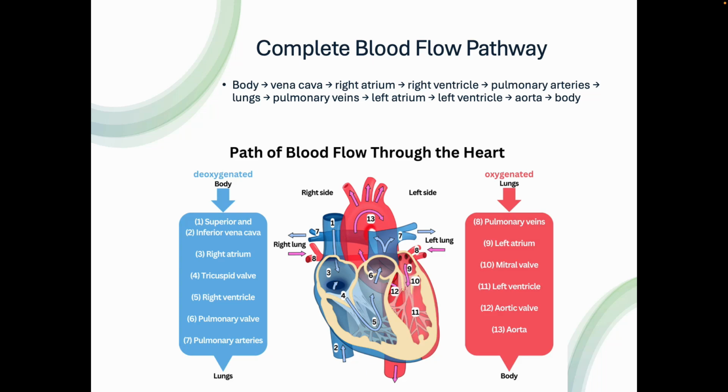Here's the complete blood flow pathway for any of you that want to touch up on this. The left side of the diagram shows all the deoxygenated blood, and obviously red is oxygenated, right? So it goes from your body to the vena cava, and then to the right atrium.